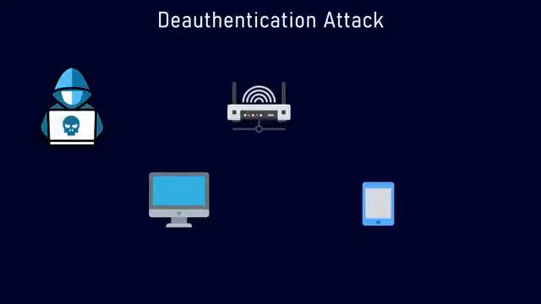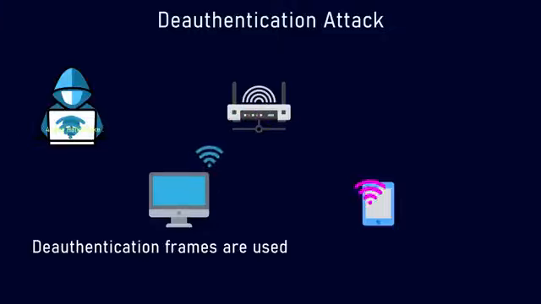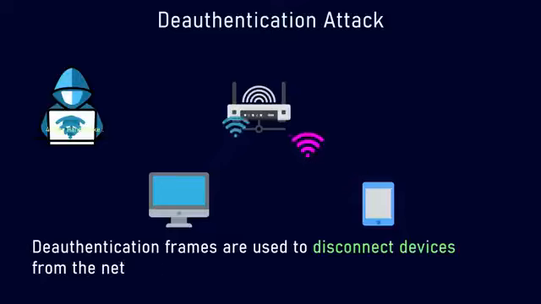Once you disconnect devices, most devices reconnect automatically, right? So as soon as client reconnects, whether manually or automatically, the airodump-ng captures four-way handshake. The deauthentication frames, as we discussed in the fundamentals section, are used to disconnect devices from the network.